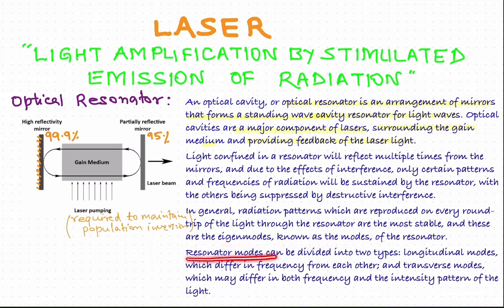Resonator modes can be divided into two types: first, the longitudinal modes, and second, the transverse modes. In the longitudinal modes, the radiation differs in frequency from each other, while in the transverse modes, the radiation differs in both frequency as well as in the intensity pattern.